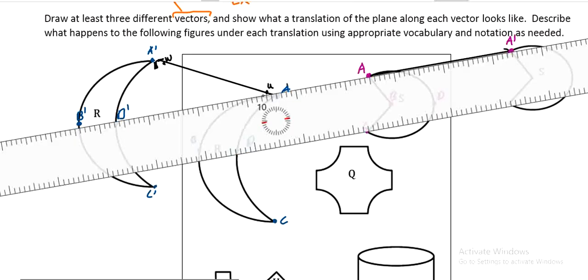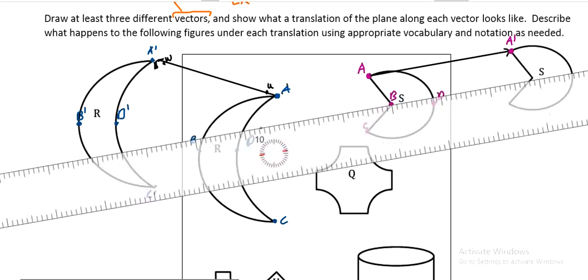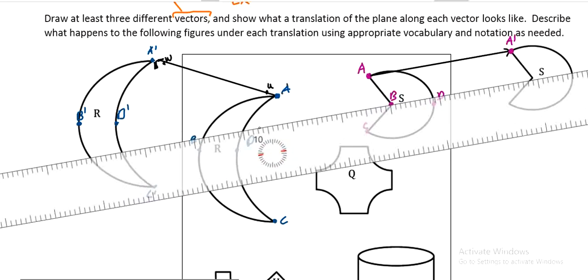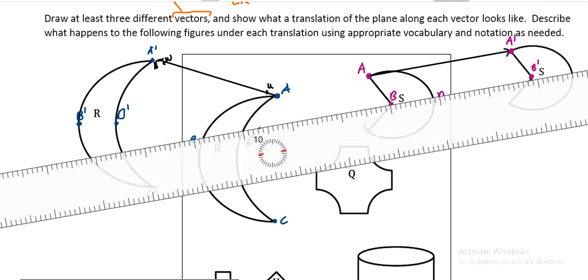Now, as long as this translated correctly, B, C, and D should also have to move 29 spaces at a 10-degree angle. So sure enough, there's B, 10, 20, 29. So this is right where B prime should be.